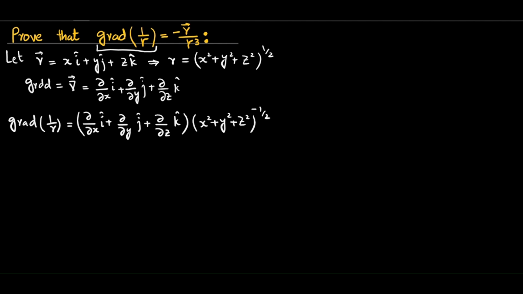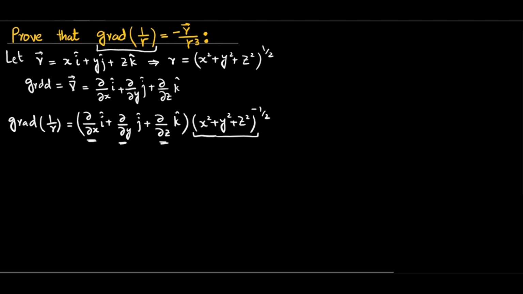All partial by partial x will be operated on this (x square plus y square plus z square) power minus 1 by 2 separately, partial by partial x and then partial by partial y and then partial by partial z.